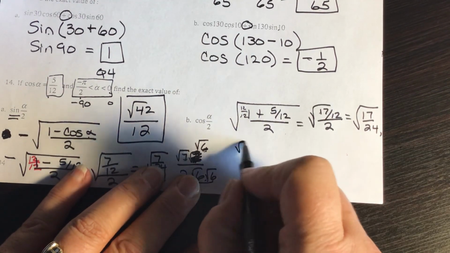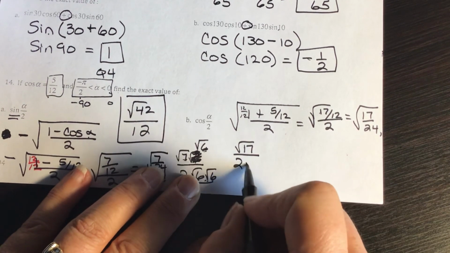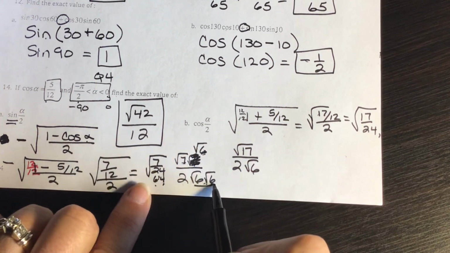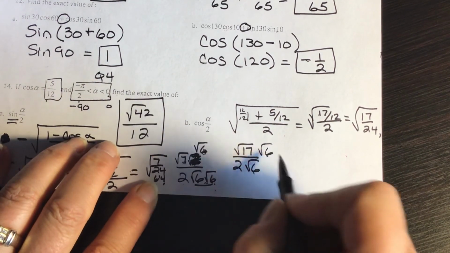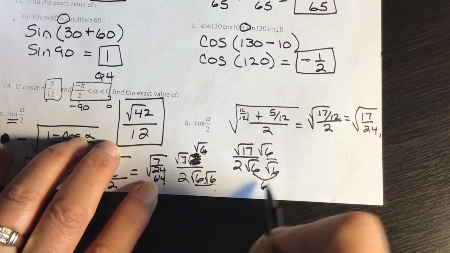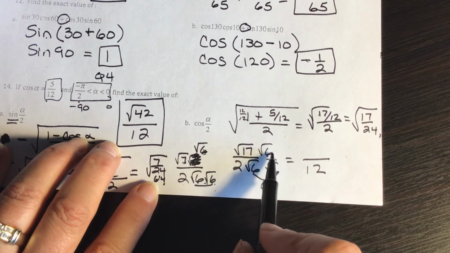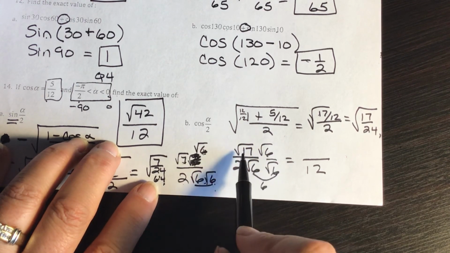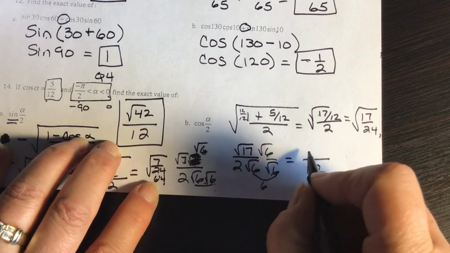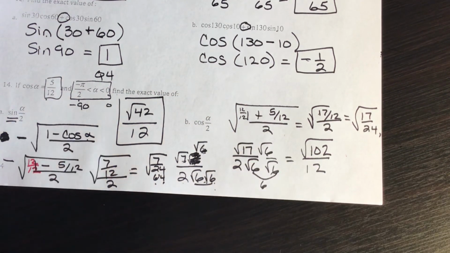So this would be the square root of 17 over 2 times the square root of 6. And if I rationalize my denominator, square root of 6 over square root of 6, this gives me 6 times 2 is 12. And 17 times 6, let's do 10 times 6 is 60, 7 times 6 is 42, so that's 102, square root of 102 over 12.